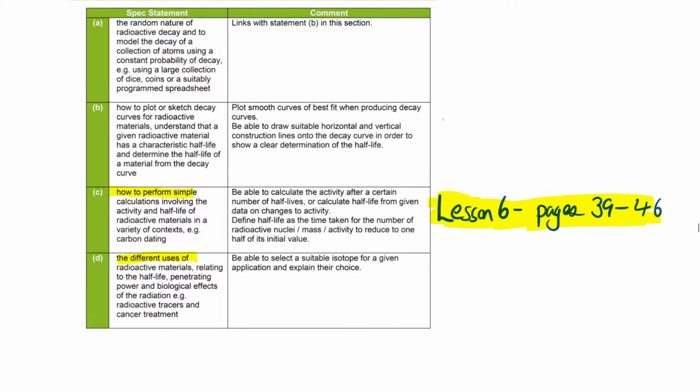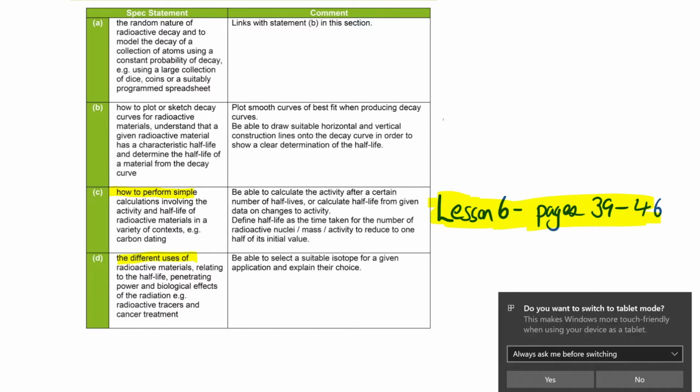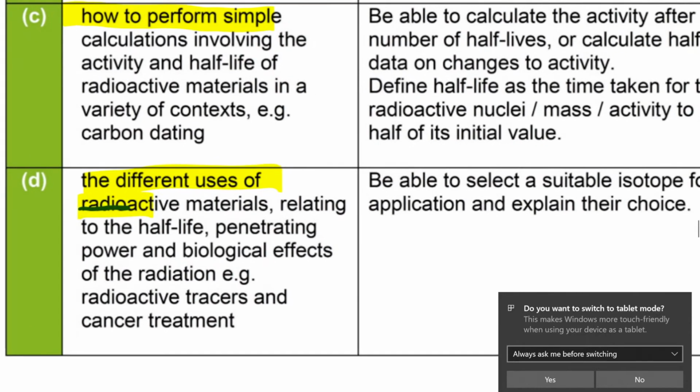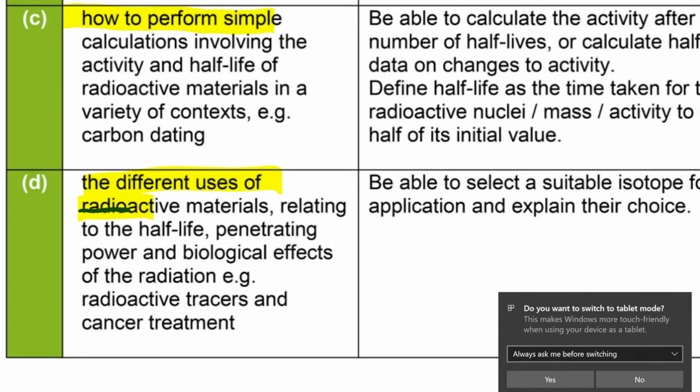Now before we start, let's just highlight what we're going to be learning today. This section D, or spec statement D, the different uses of radioactive materials, we'll be starting off on this firstly today, where we'll be looking at biological effects and how they can be used to treat humans and animals.